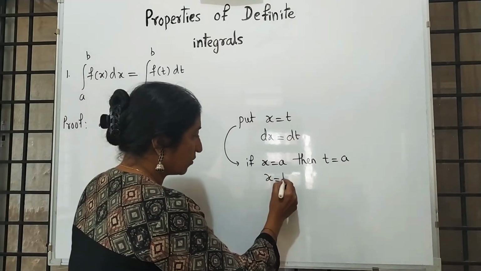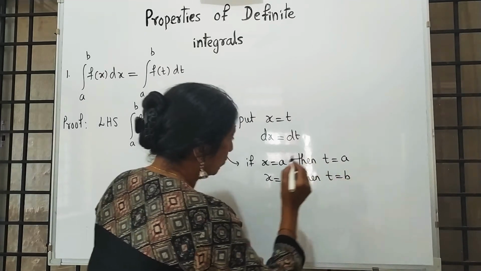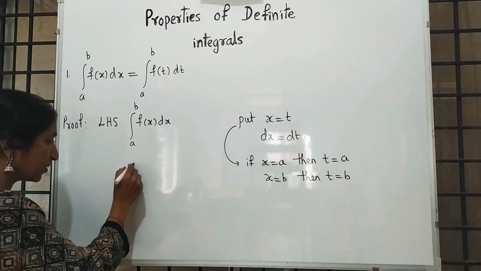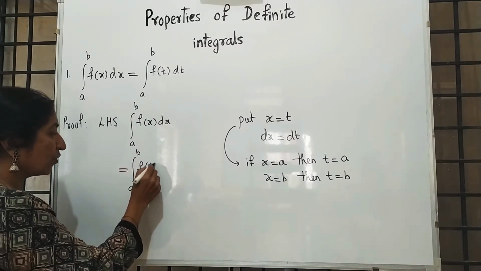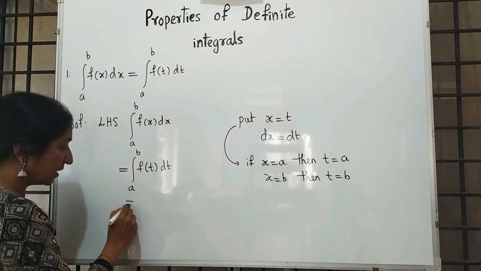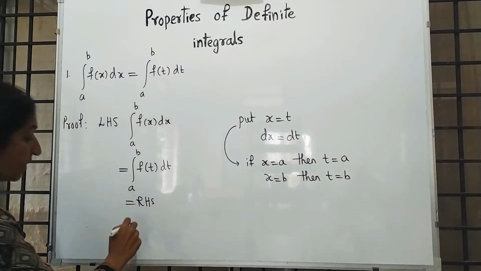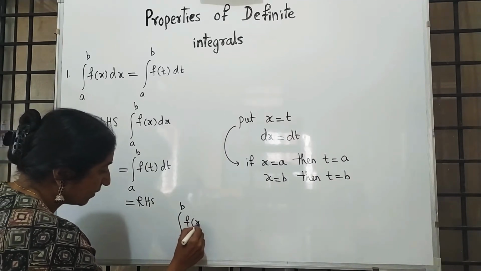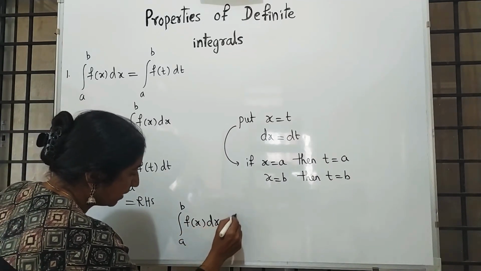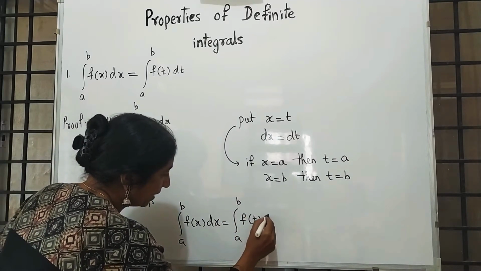If x is equal to b, then t is equal to b. So the given integration is written as integration from a to b f of t dt. That is nothing but RHS. So totally how do you write the property? Integration from a to b f of x dx is equal to integration from a to b f of t dt.